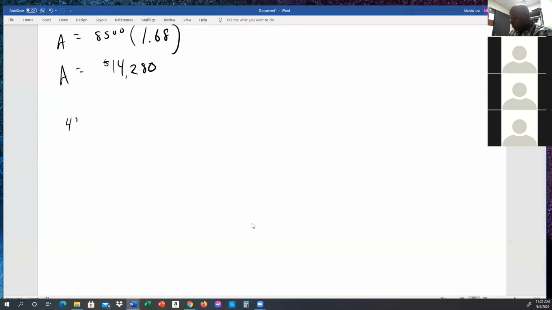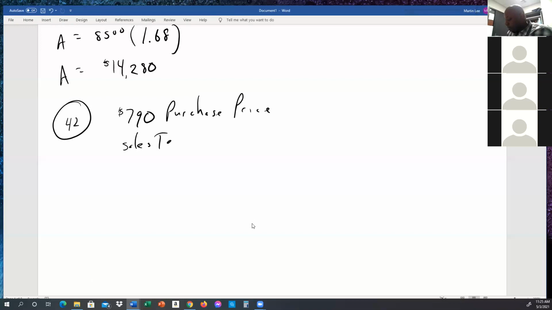Okay, number 42. The purchase price of a camcorder is $790. What is the total price if the sales tax rate is 7%? So sales tax is 7% or 0.07.